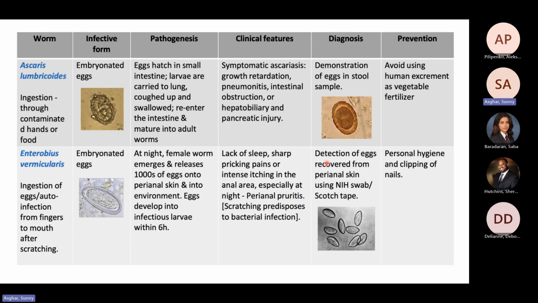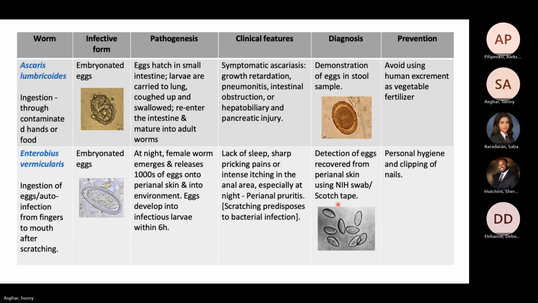The way that they've discovered to diagnose the eggs is by literally taking a piece of scotch tape, placing it on that area, and then taking off the tape to see the eggs, and this is the image that they will see.